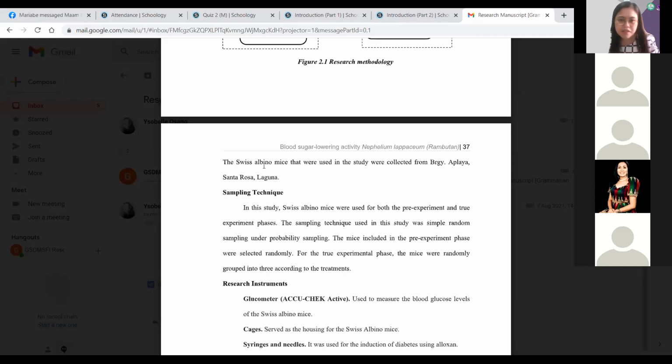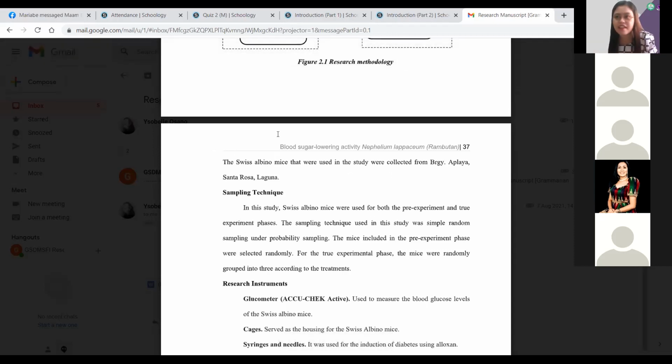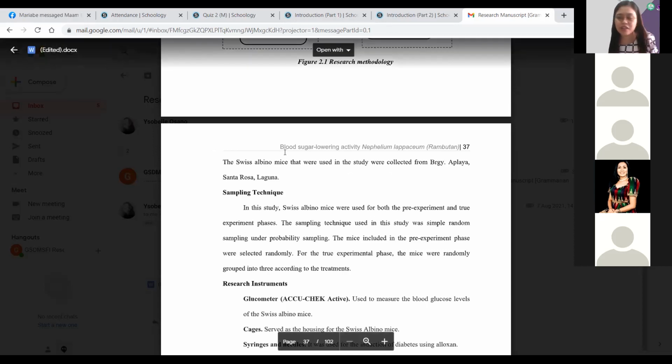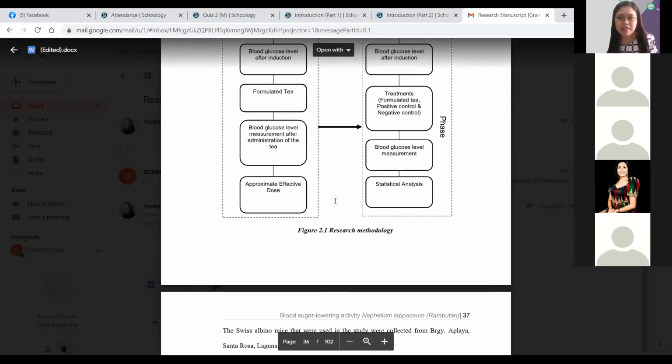So just like this one, the Swiss albino mice that were used in the study were collected from Barangay Aplaya, Santa Rosa, Laguna. So tanang place nga gikuha ninyo sa inyong mga needs sa inyong research, included siya sa research locale, but the main one is kung asa mo mag-conduct kung experimental siya.